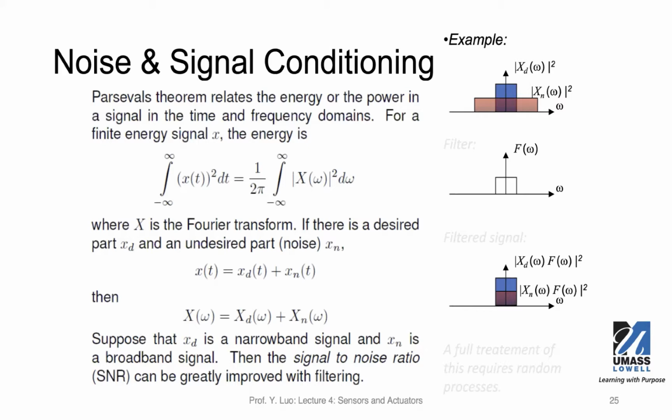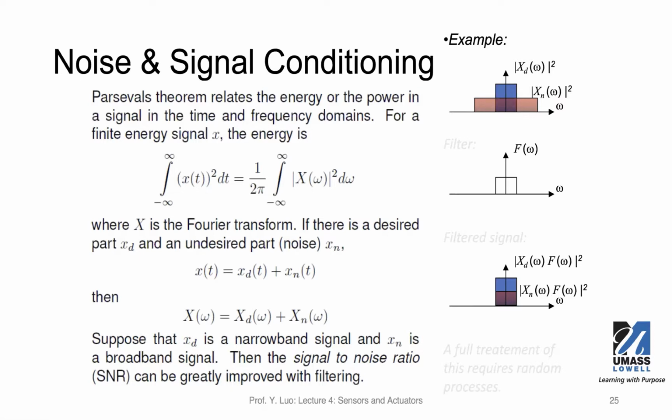In this example, you have the signal, XD, mixed with noise signals, XN. Useful signals are typically narrowband, so we know them at a certain frequency, whereas the noise signals could be wideband, spread over a range of frequencies.